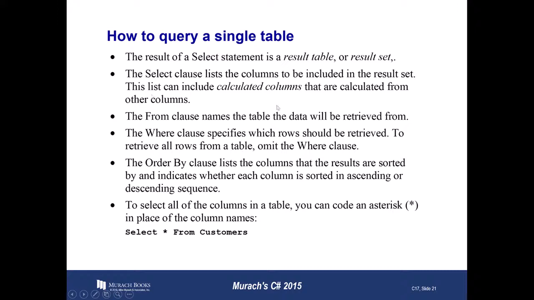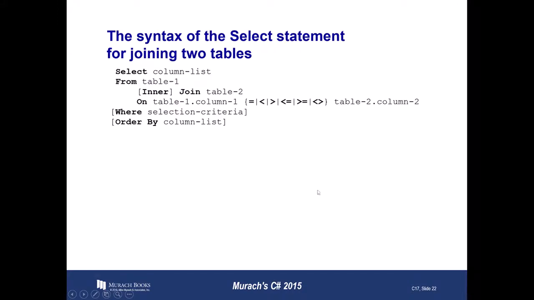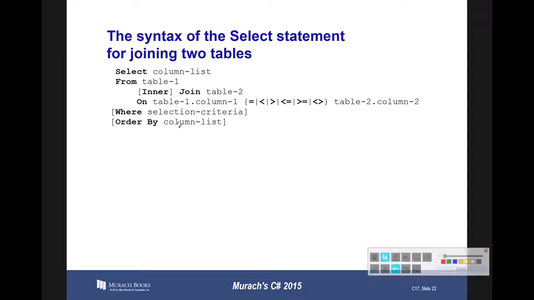Here's how to query a single table without needing a join. And then here's some syntax to join 2 tables. So if you're trying to select from multiple tables at one time, you can select all of the columns from both tables, from table 1, and then you'll join on your other table. Then you'll want to say what the join criteria is.